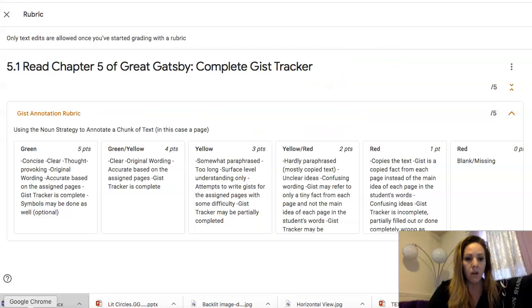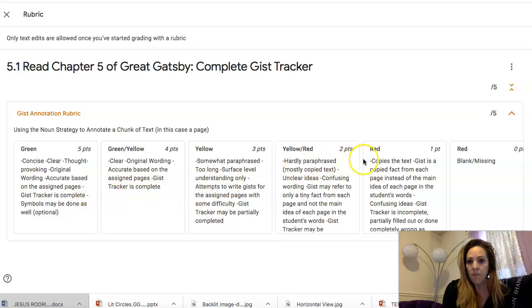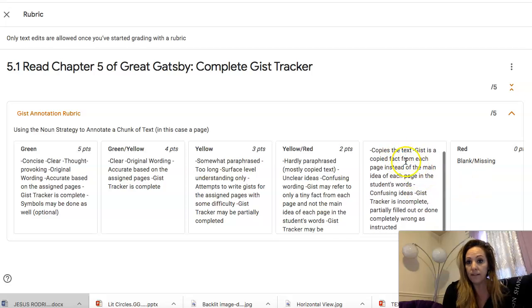And then one more thing we'll do is just look at the rubric that I've given you for when you do your annotation. And notice if I were going to score his work, and he did have a complete gist tracker, well, it's not blank or missing, so he doesn't get a 0. He did not copy the text.